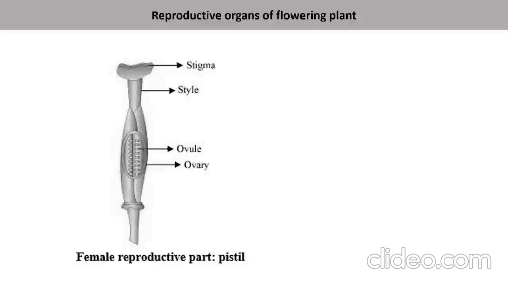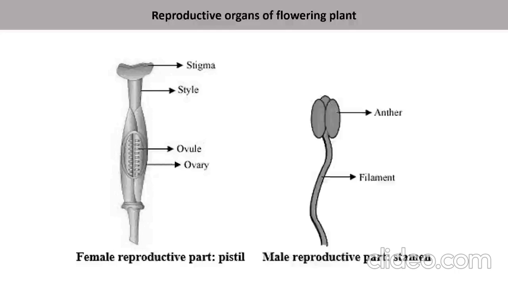The ovule is the single celled structure which contains the female genetics. Similarly, the male genetics comes from the pollens, right? The pollens are contained in the pollen sacs, which are contained in the anthers. So anthers and filaments are the male reproductive organ, which is called androecium.